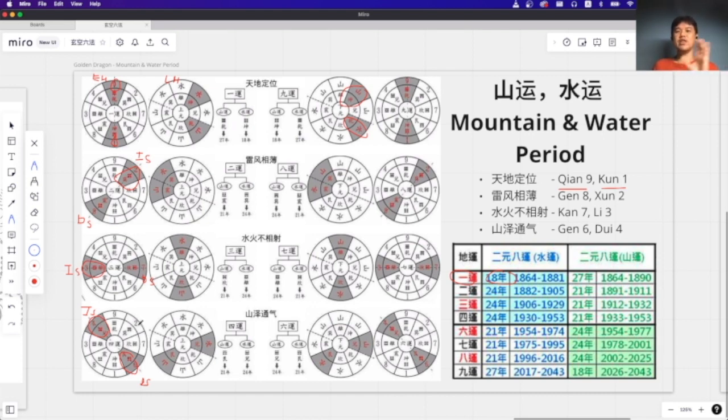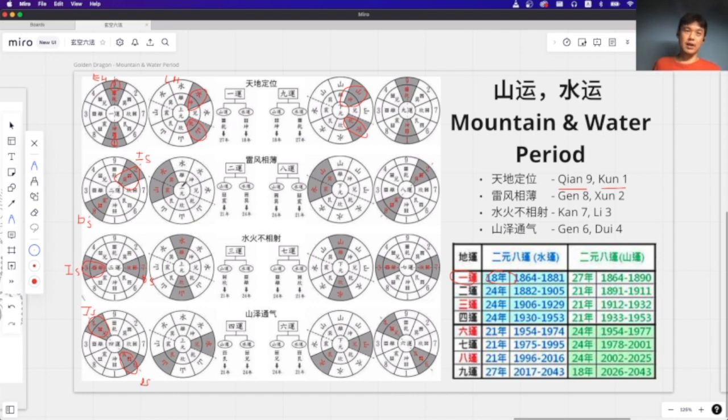But when we need to use it on Feng Shui, then we need to use the Later Heaven Gua. Over here they are all opposite one another, but when you convert it to the Later Heaven Gua, then it's no longer so, because Kun is actually southwest and Qian is actually northwest.